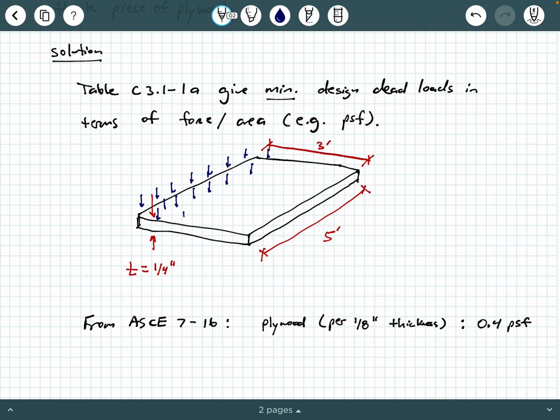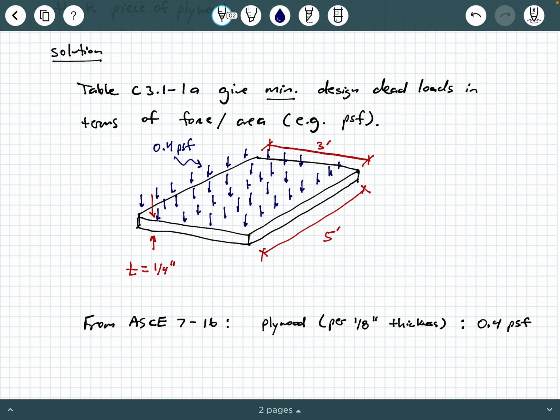If you want, you can draw a little vector field here representing its own self weight in the vertical gravity direction of 0.4 PSF.